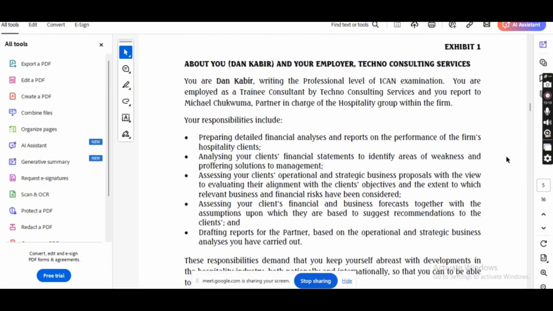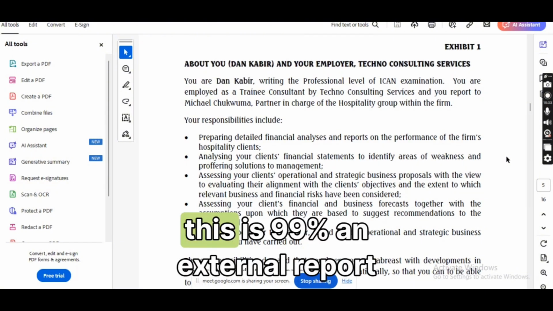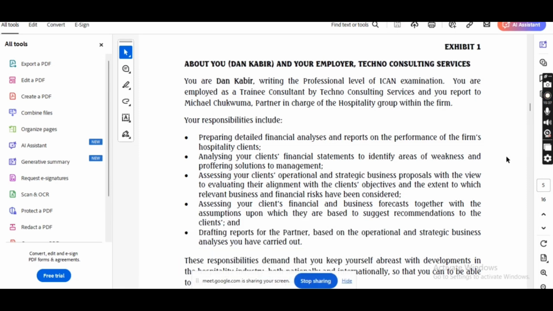You are being employed as a trainee in consulting, and you are to carry out some analysis on the client's financials. So this is 99% an external report. Unless, if they want to be wicked, they will change it in the unseen to an internal report, but it is very rare.